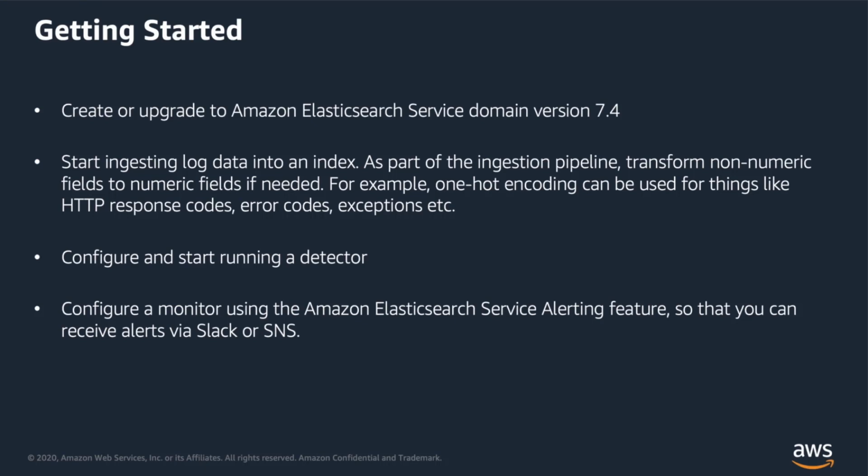Numeric fields are supported natively, but if you have categorical data like HTTP response codes, for example, or country codes, or anything that's non-numeric, that doesn't really work with anomaly detection.